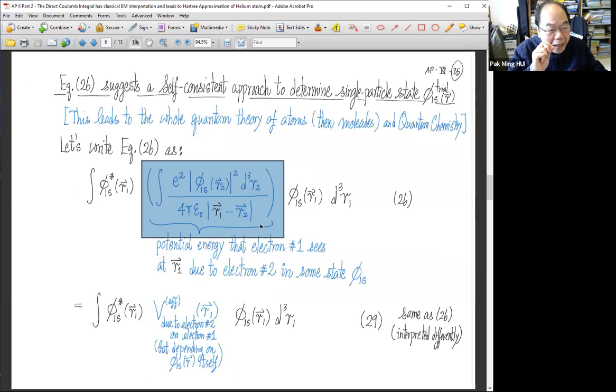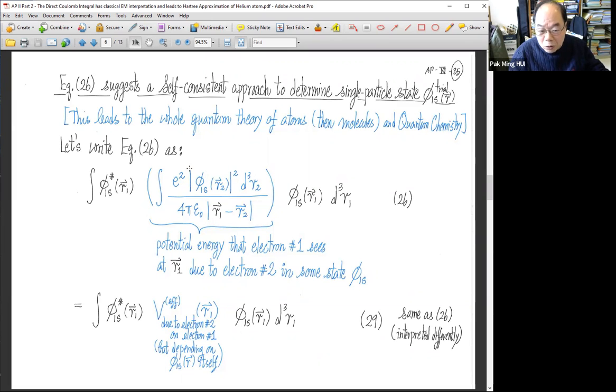The idea that emerges from this interpretation is as follows. Let me repeat it one more time. The bracket in the middle suggests that we regard the effect of electron number 2 as producing an effective potential energy function that is acting on electron number 1.